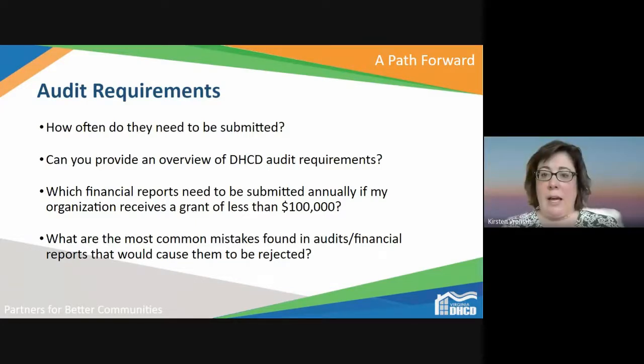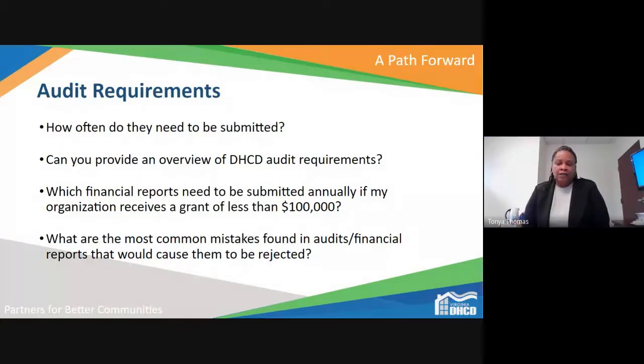Great, thank you. And Kathy is also mentioning that the deadline for submitting the audits and CAMs is usually March 30th or 31st of each year. That's not necessarily true. It's really dependent upon that organization's reporting period.